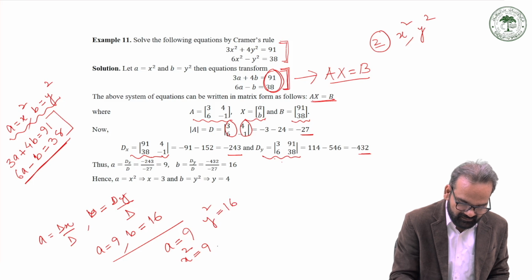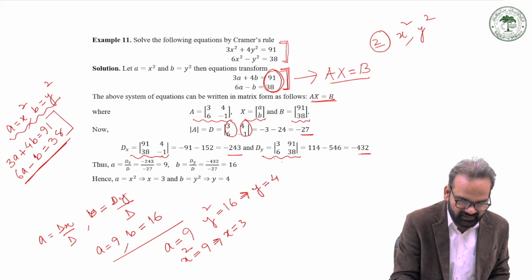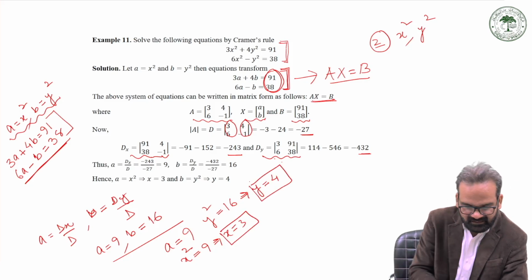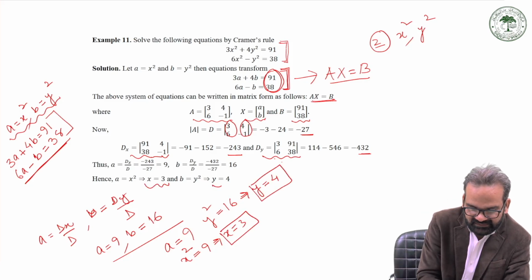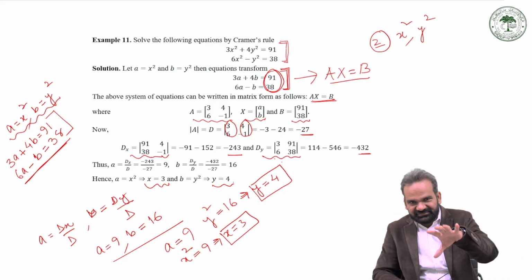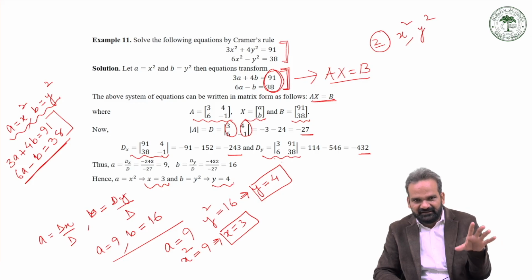So from here we get x is 3, and from here we get y is 4, right? So x = 3 and y = 4 is considered the solution of the given system of equations, although you have seen that this system of equations is not linear.